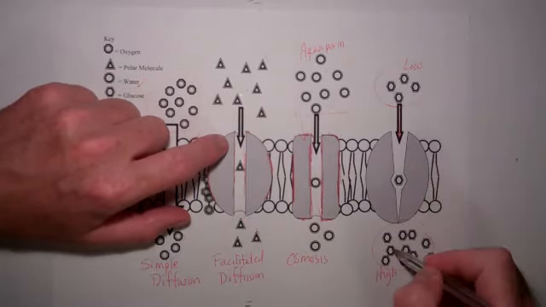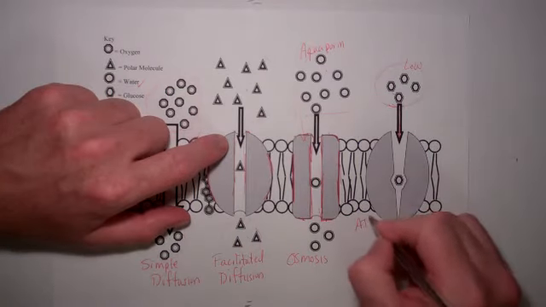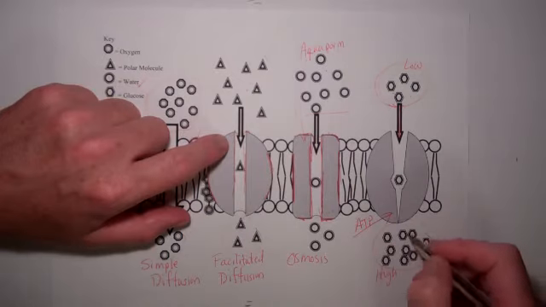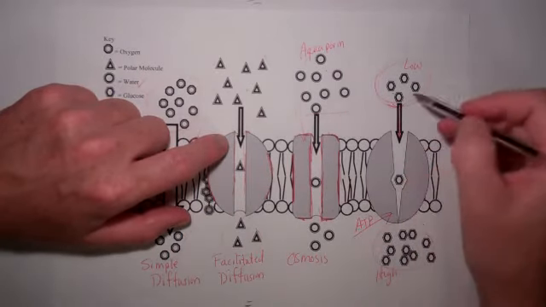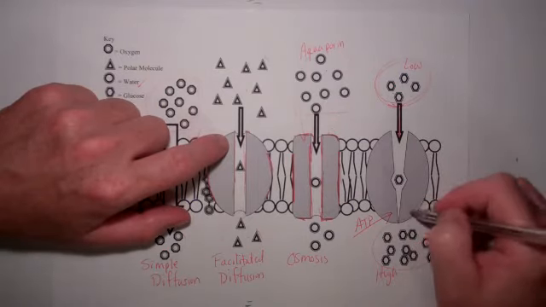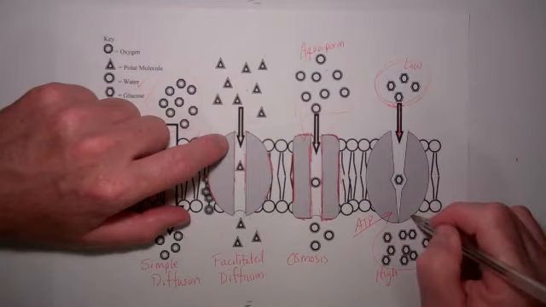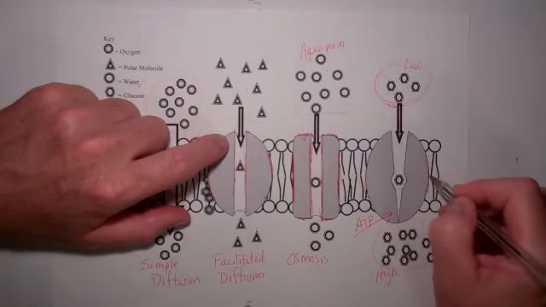This would not be diffusion. This is something the cell is going to have to spend energy on, in the form of ATP. The cell will have to spend energy to go against the diffusion, against that concentration gradient. It's still, in this particular case, a transmembrane protein. It is also an integral protein because it does touch on the inside.